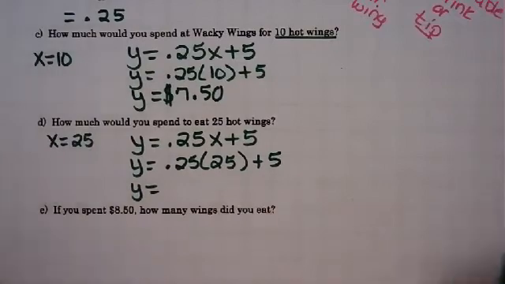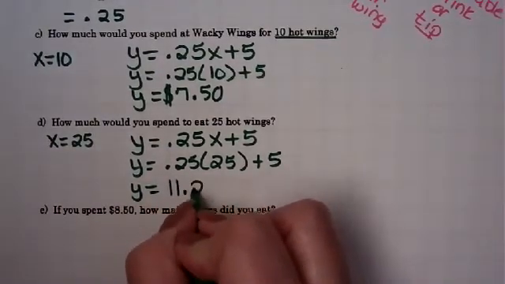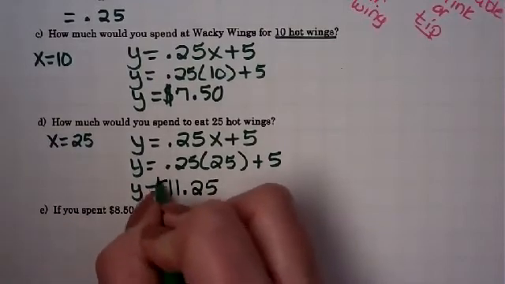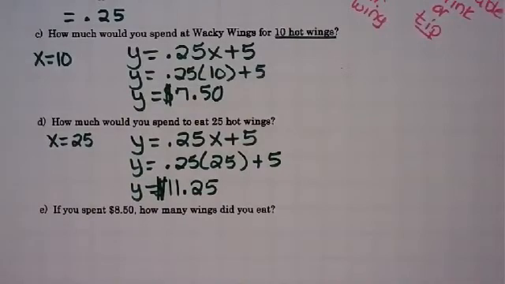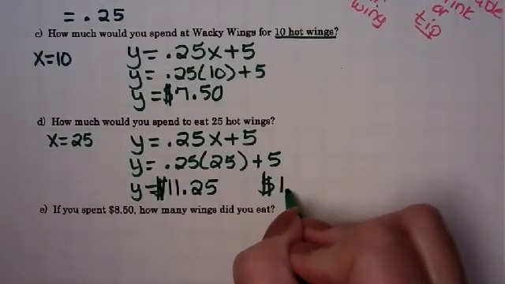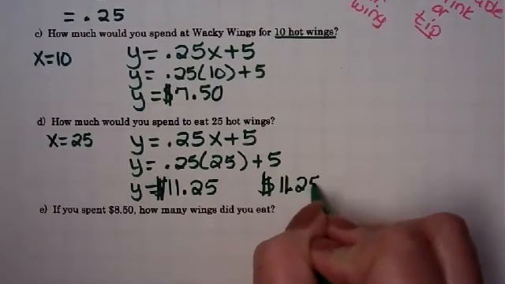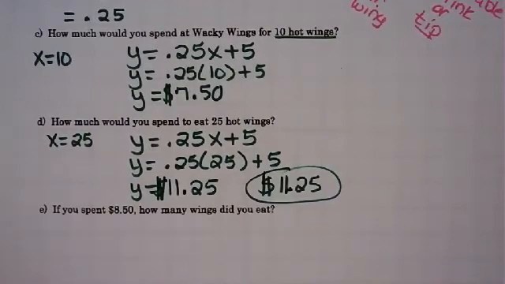I can just put all that in the calculator at one time and come up with 11.25, and that is money. That's supposed to be a dollar sign right there. That's what that should say. So it's going to be $11.25.